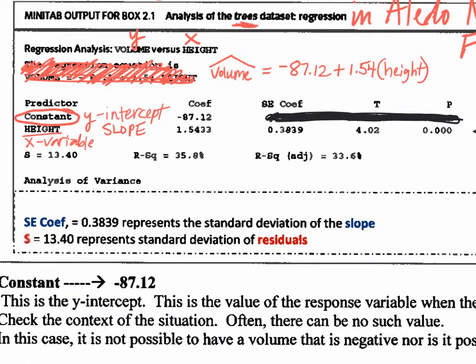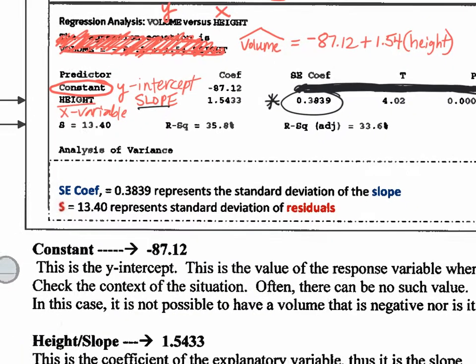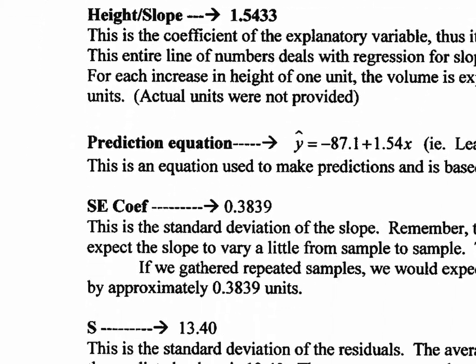All right, but we are interested in those other numbers that are on the line about slope. So we are interested in this standard error coefficient. So we want to know this number, put an asterisk there, and then we're going to go find down below the definition of what that SE coefficient is. SE stands for standard error, like standard deviation. So let's find it down here.